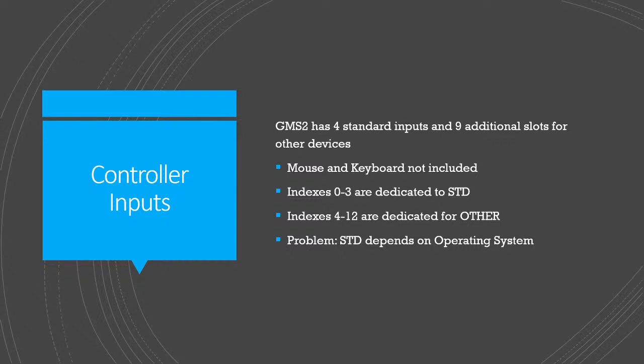So if you plug in a PlayStation controller or something like that, it'll start on index 1 or index 2 or 3 versus using that first input. But if you're using a Windows operating system, it'll see only Xbox controls as standard inputs. So if you plug in a PlayStation control, it will start on index 4 instead of index 0. So we'll have to take care of that problem later.